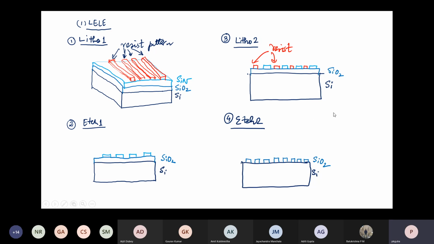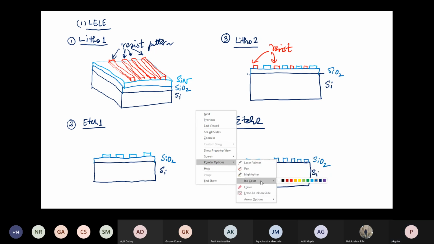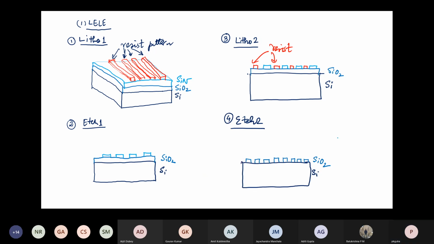So there you will have silicon nitride here.